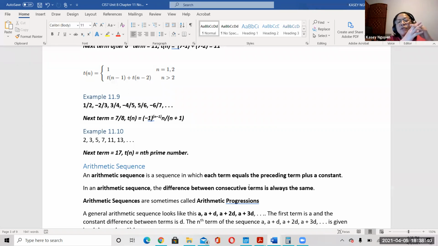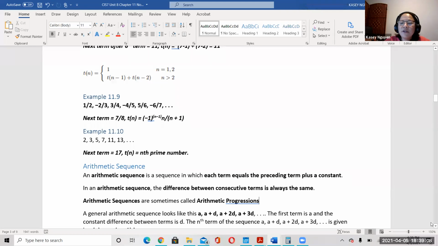The difference between consecutive terms is always the same constant. Sometimes you will hear it referred to as arithmetic progression.